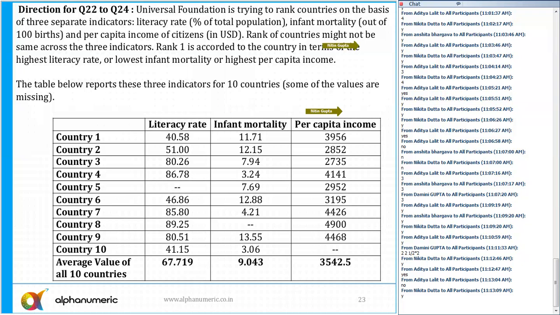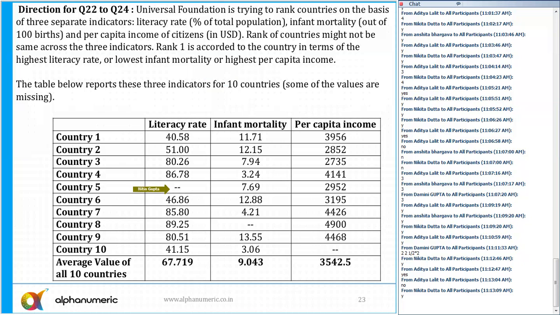The rank of countries might not be the same across the 3 indicators. Rank 1 is given to the country with the highest literacy rate, lowest mortality, and the highest per capita income. Now remember, this data is missing.